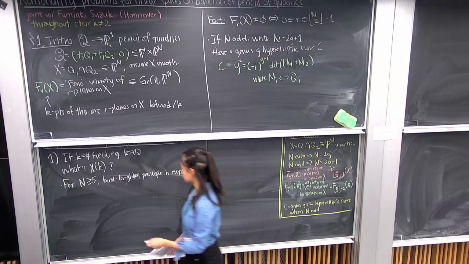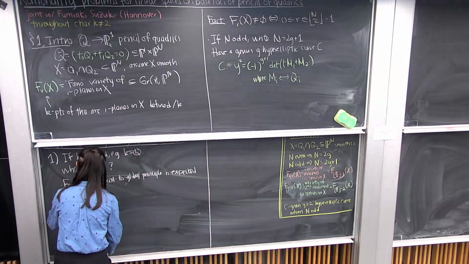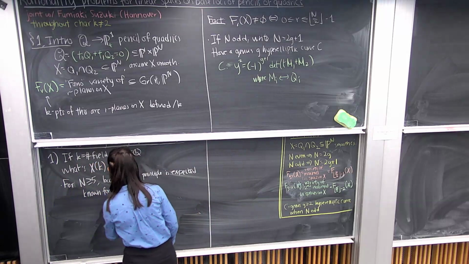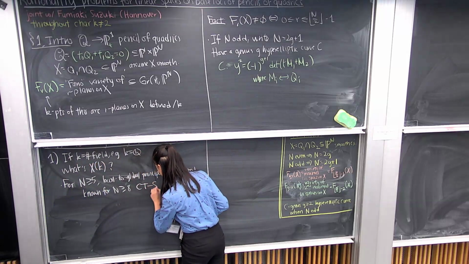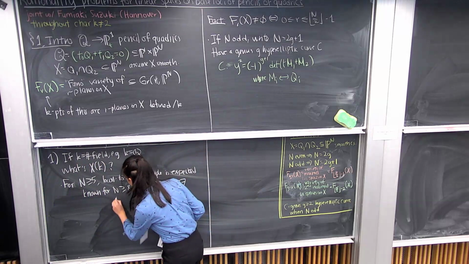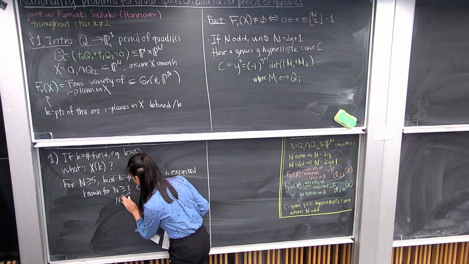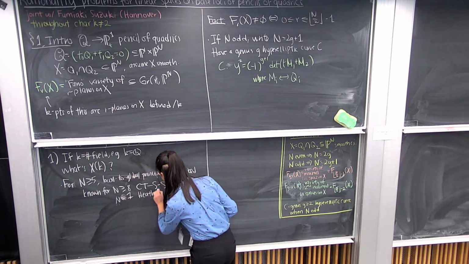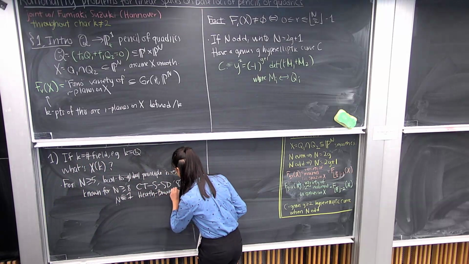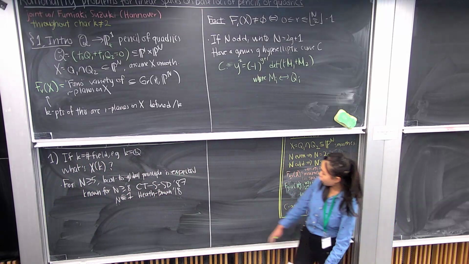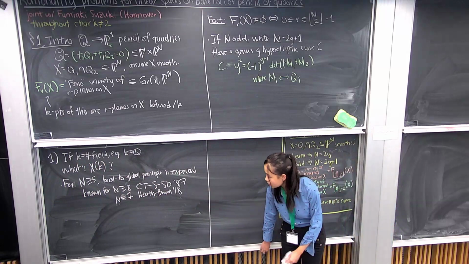This is known for n at least 8 by a paper of Colliot-Thélène, Sansuc, and Swinnerton-Dyer in '87. It's also known for n equals 7 by Tim Browning in '18, and recently Colliot-Thélène gave a different proof. But for n equals 5 and 6, this is not known unconditionally.